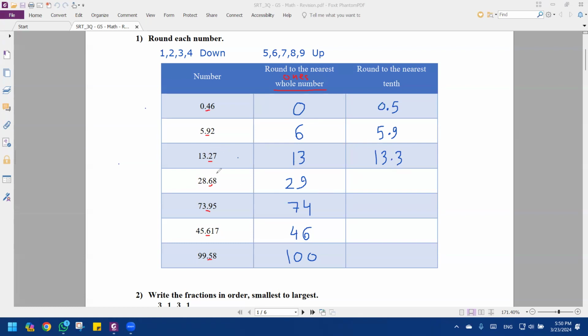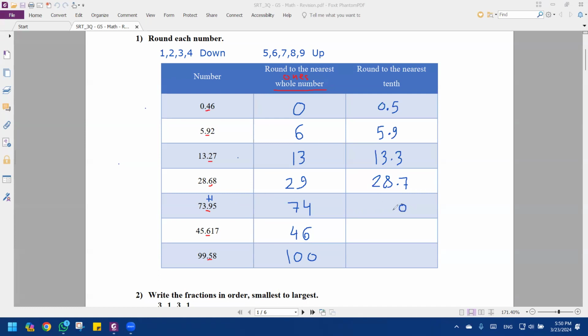Now, underline 6, we check 8. 8 is round up. 6 will be 7. 28.7. Here we have a 9 underlined. We check behind, we have 5, round up. Again, the same thing. If I round 9 up, I should add 1. So when I add 1 to the 9, it will be 10. I don't write 10.